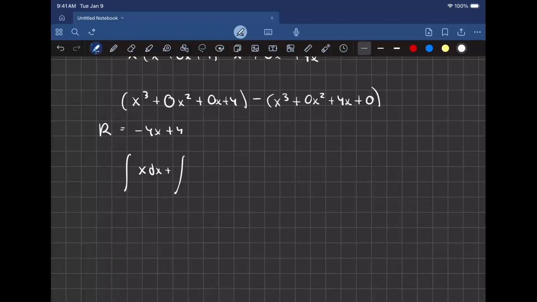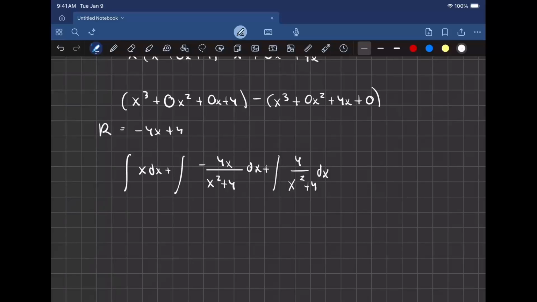plus the integral of minus 4x over x squared plus 4 dx plus the integral of positive 4 over x squared plus 4 dx.